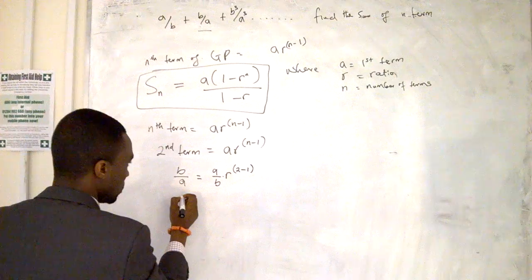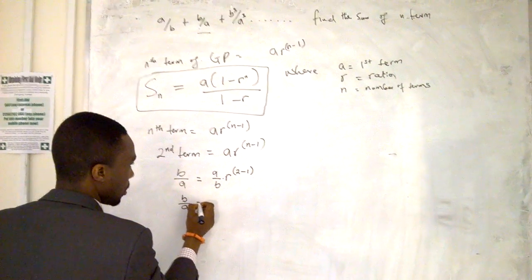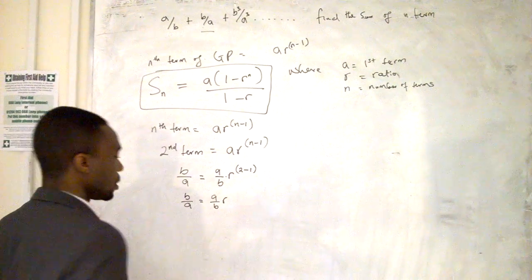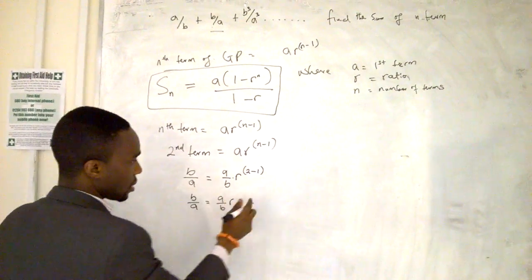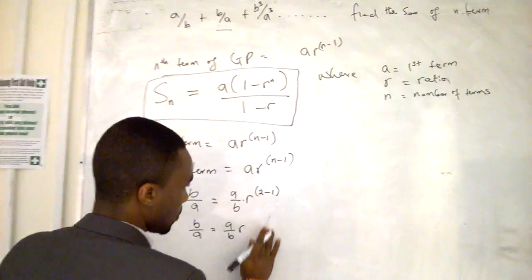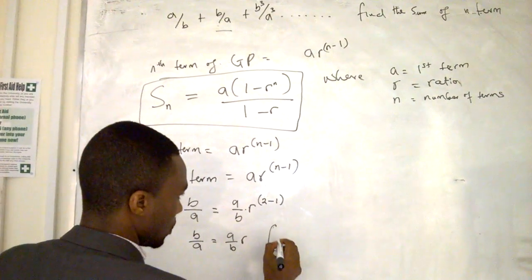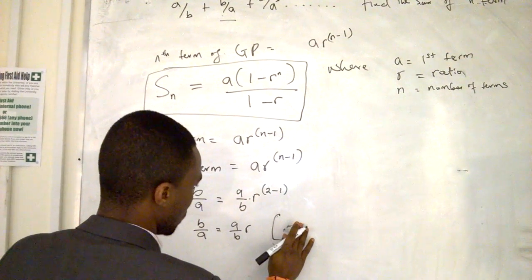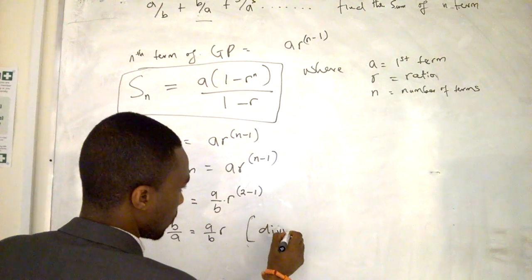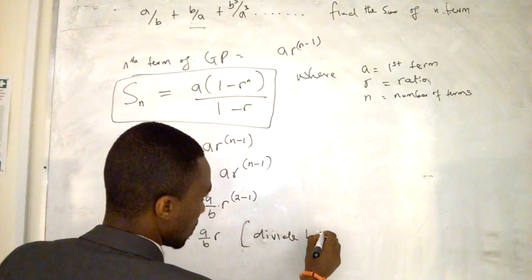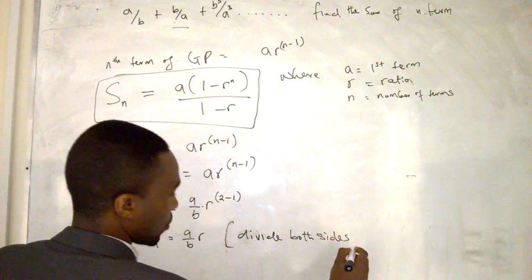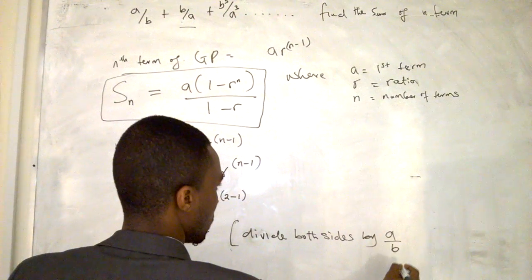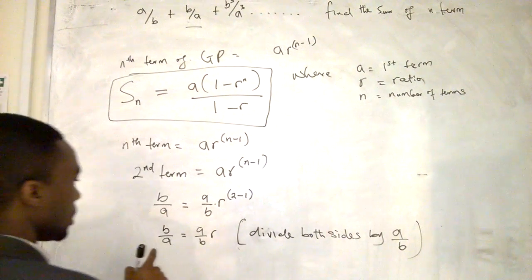So right here, you know that B over A equals A over B R. R raised to the power 1 is R. So here you divide both sides by A over B, so that you can get R.